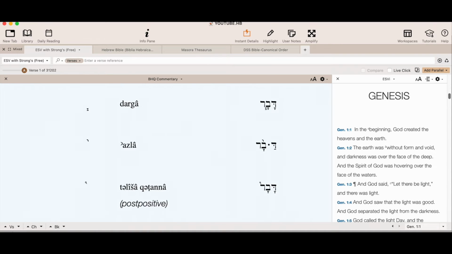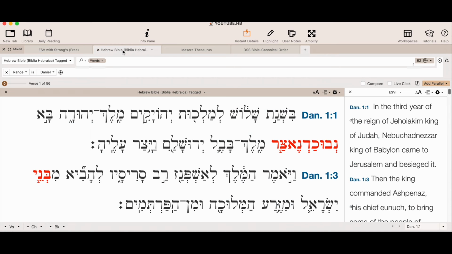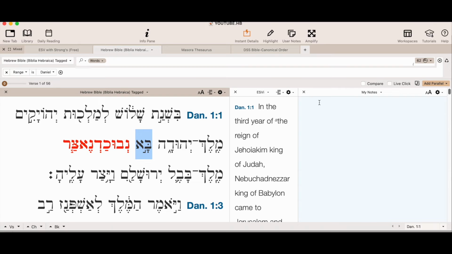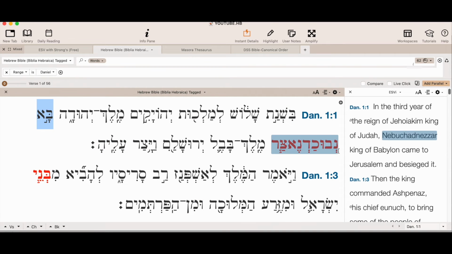okay? And so, I got to flip screens here. And so what we have is the conjunctive munach. Whoops, sorry about that. And then the conjunctive darga. So two conjunctives here, and then melech Bavel.